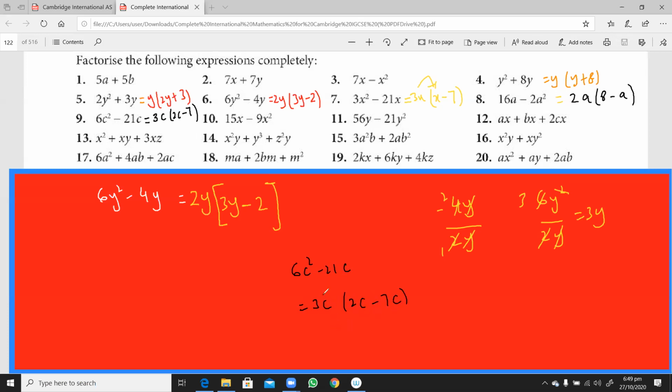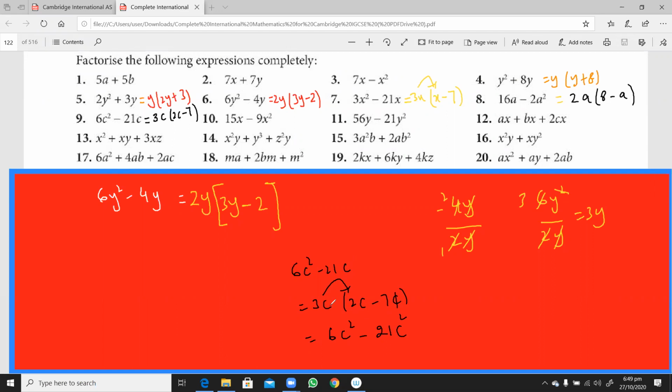If you expand this, you will get 6c square and then minus 21c square. Do you see? So take care that there should not be any c over here, because you want to have 21c. So this is going to be 3 sevens are 21, and there is a c already over here.